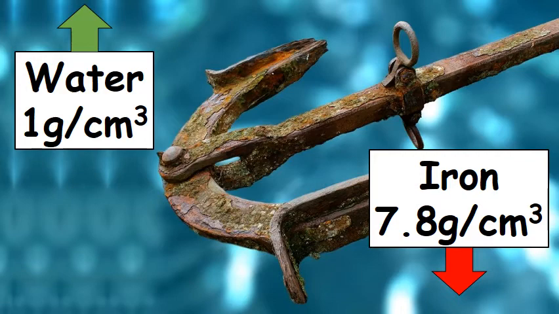Well, iron has a density of 7.8 grams per centimeter cubed, compared to that of water, which is 1 gram per centimeter cubed. So iron is more dense, it is denser. And because it is denser, it will sink to the bottom. Whereas the water, which is lighter, which is less dense, will be on top, will float.